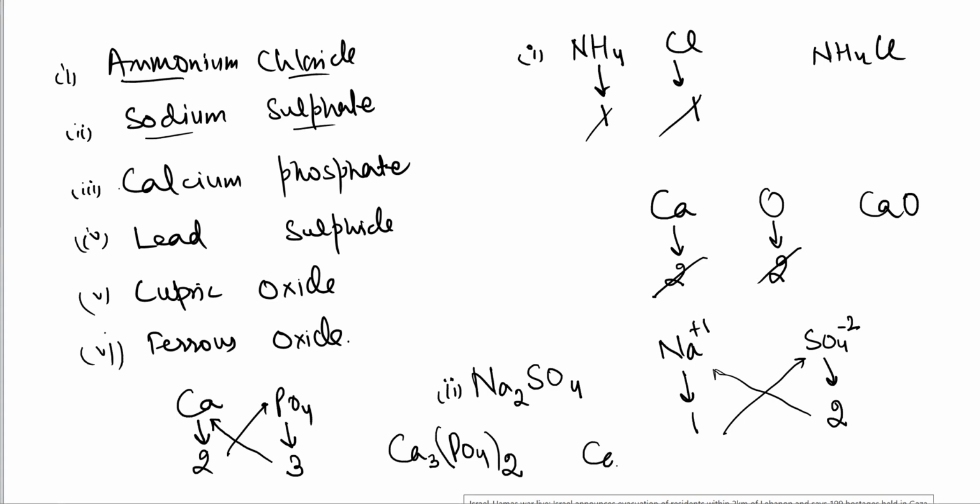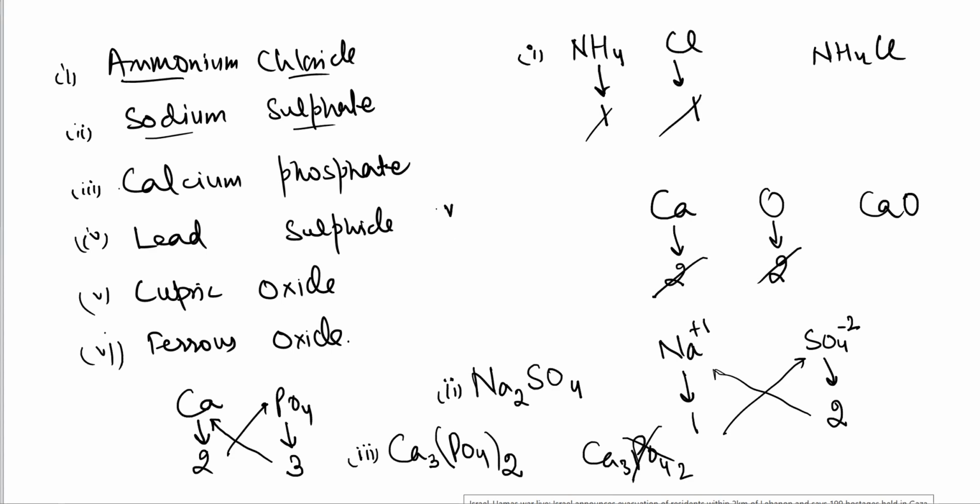If you write it like Ca3PO42, it will be incorrect. You have to write it in the bracket, okay? Because PO4 is a polyatomic ion. So this 2 is being multiplied with oxygen, and this 2 is also multiplied with phosphorus, okay? Got it? Yes, sir.